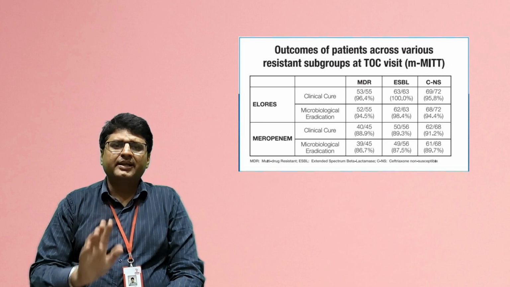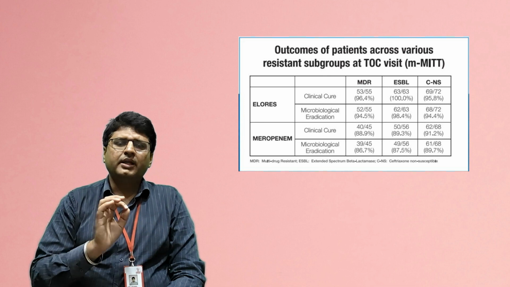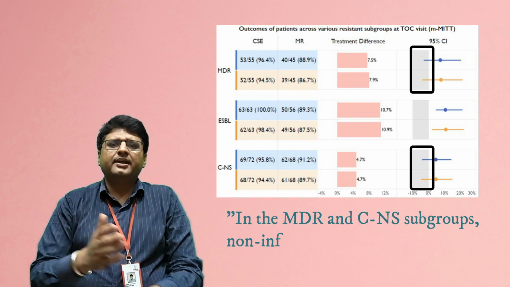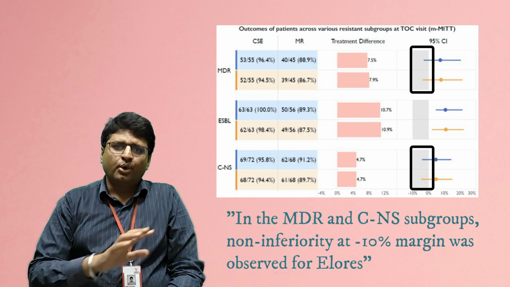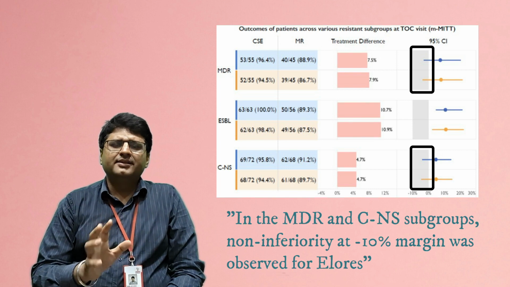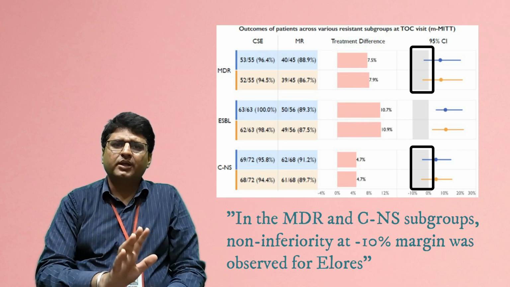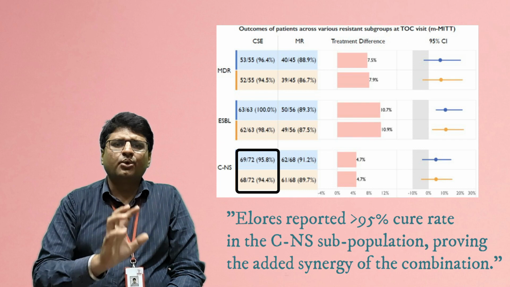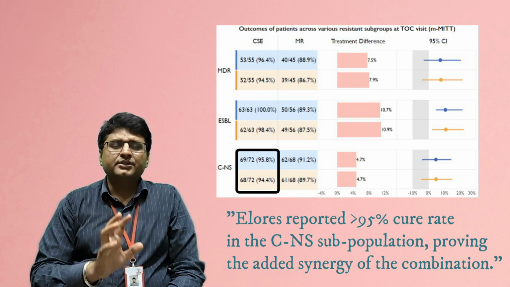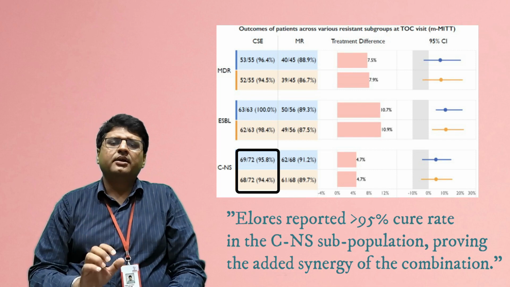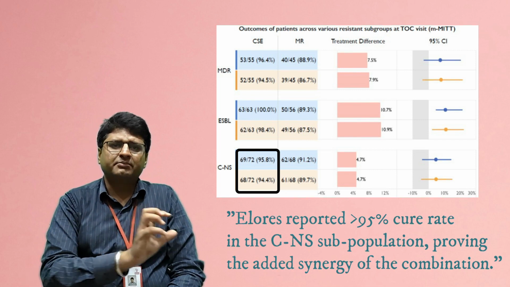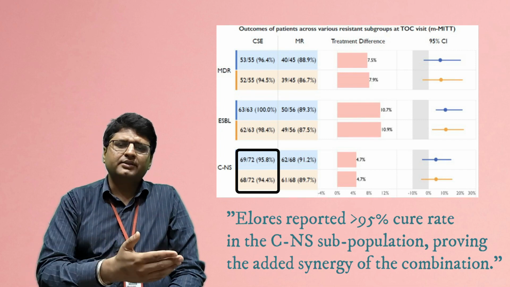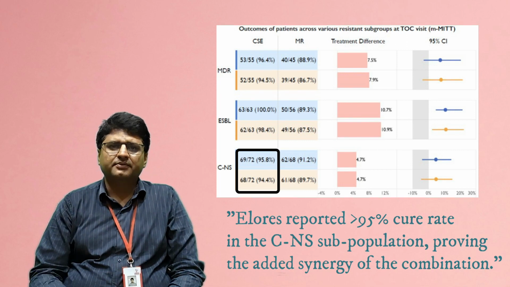So this data clearly indicates that for ESBL infections, Elores is non-inferior to meropenem. Also in the MDR and ceftriaxone non-susceptible subgroups, non-inferiority of Elores at a minus 10% margin was observed as compared to meropenem. In the ceftriaxone non-susceptible population, Elores reported more than 95% cure rate, proving the added synergy of this combination of ceftriaxone, sulbactam and disodium edetate.